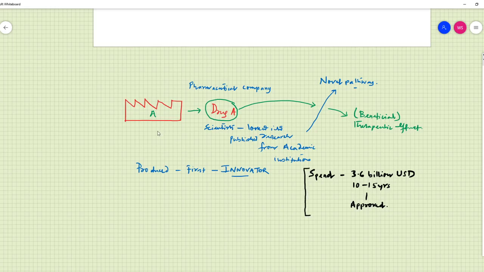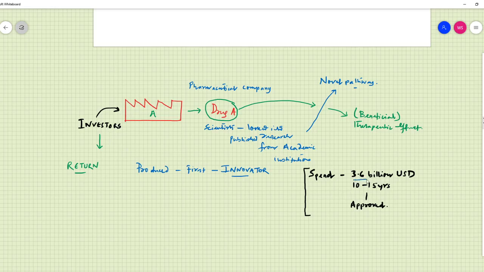So, a pharmaceutical company has got investors who invest money in the company. And why do they invest money? To get a return. Meaning they expect a profit. Right? So this company is supposed to market this drug and generate a return of investment to the investors. Okay.